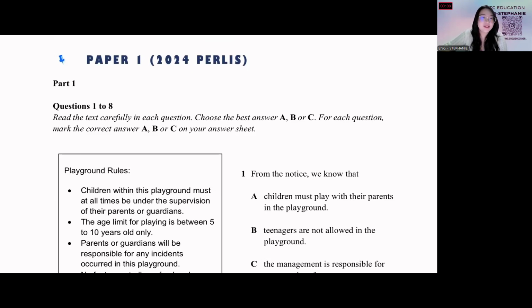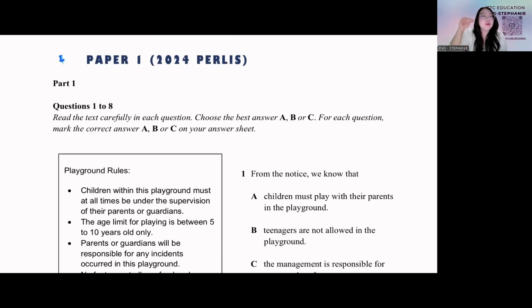All right. Let's go, guys. This is like a free celebration for your midterm.